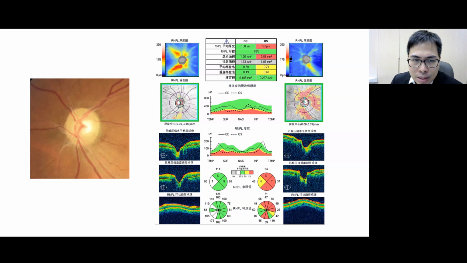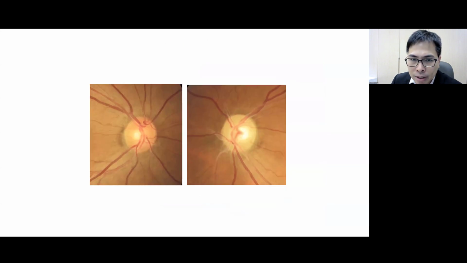But when you examine the color of the rim carefully, what you notice here is that the rim actually is pale, particularly when you look at the two eyes together. You can appreciate the difference in color. The rim is pink over the right and pale over the left.